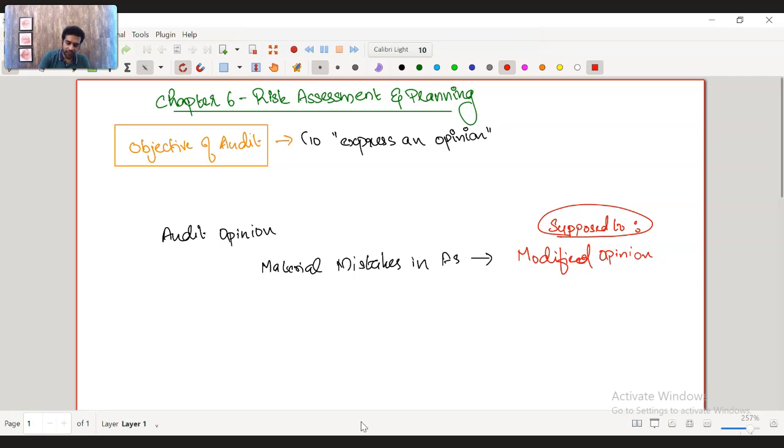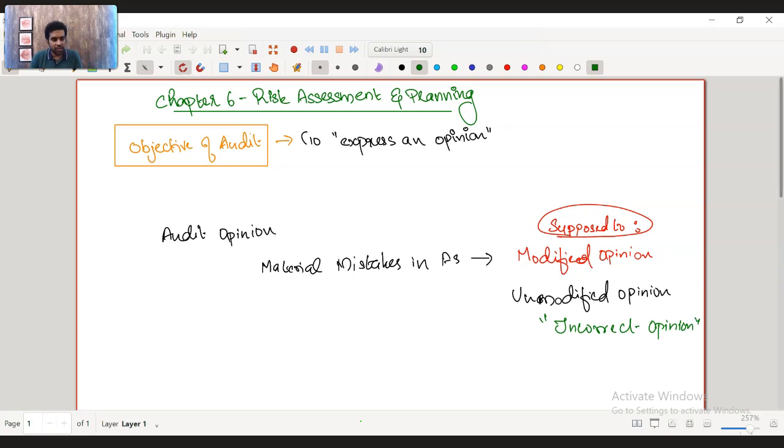But what if, instead of this, you actually expressed an unmodified opinion? In this situation, as an auditor, your conclusion is incorrect. So this will be deemed an incorrect opinion.